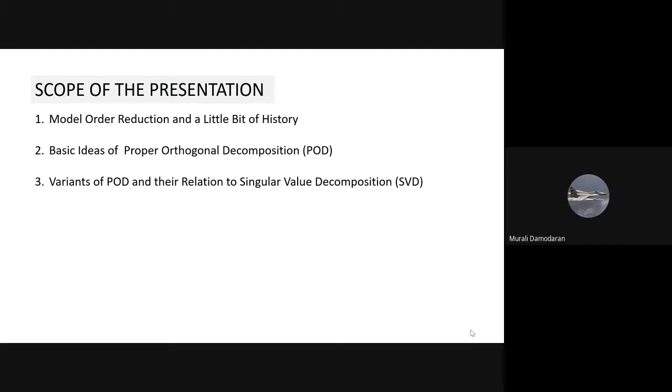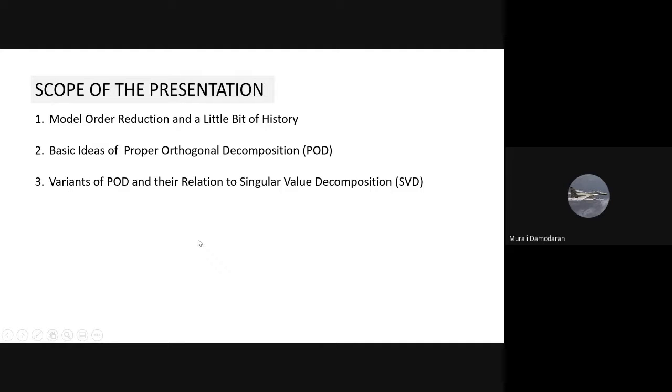I will be talking about what is called model order reduction and a little bit of history to put the topic into context. Over the last 20 years, there have been a lot of developments in this field, grouped together as model order reduction.